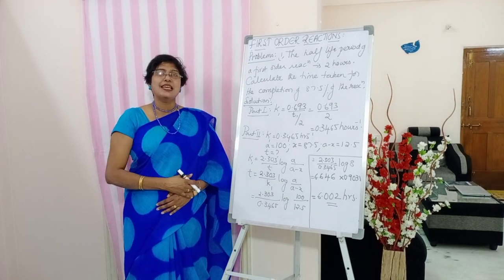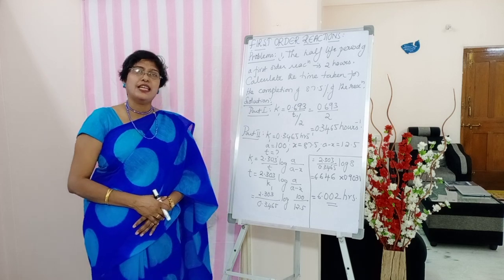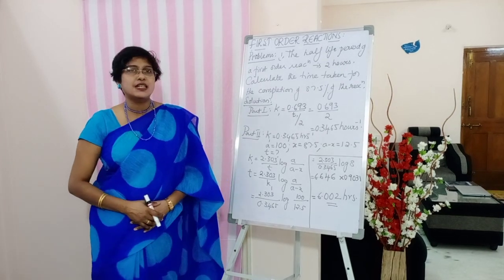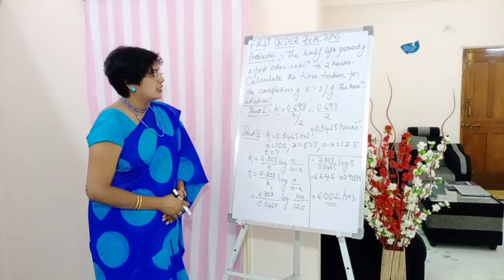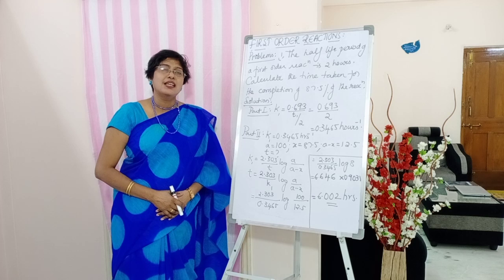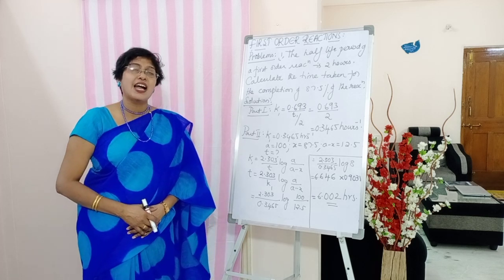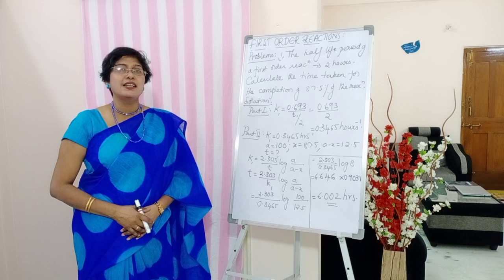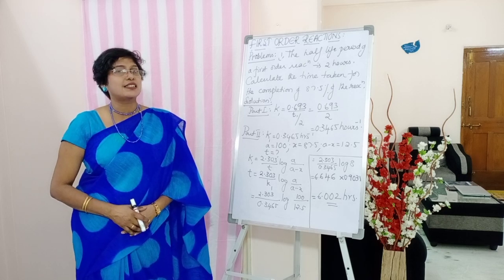Next, part 2. We will use this K1 value obtained in part 1. Write down. K1 is equal to 0.3465 hours inverse. Next, A, that is the initial concentration. Let us assume it to be 100. It is not given in the problem, students. It is just given how much percentage is completed.